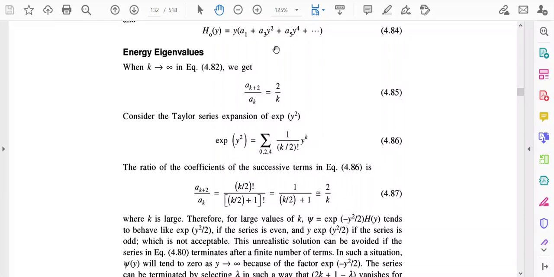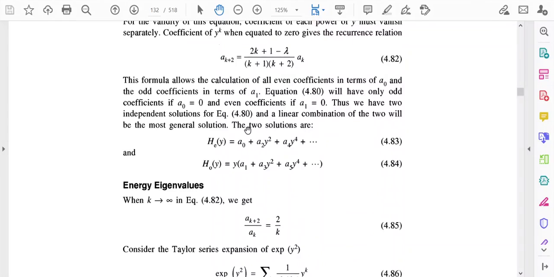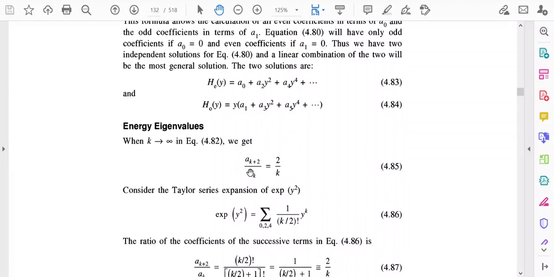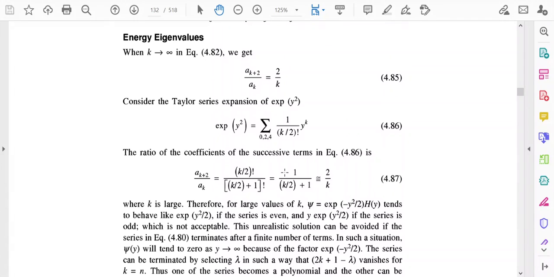So the ratio of the coefficients of the successive terms in this equation is almost equal to 2 by k. And for equation 4.82 also, in this series the ratio a k plus 2 by ak is equal to 2 by k. So what is the conclusion?